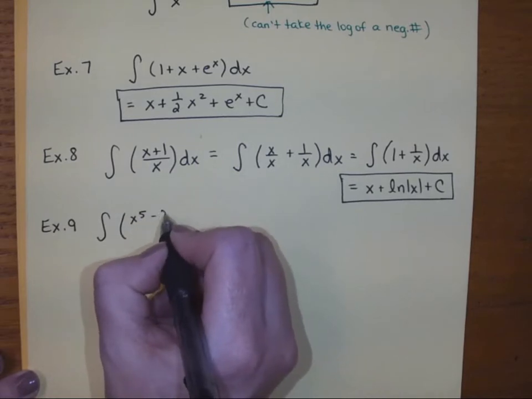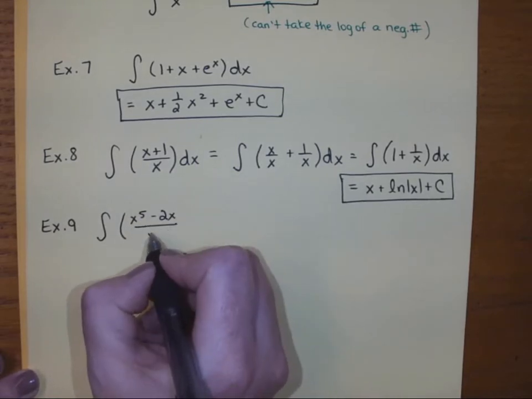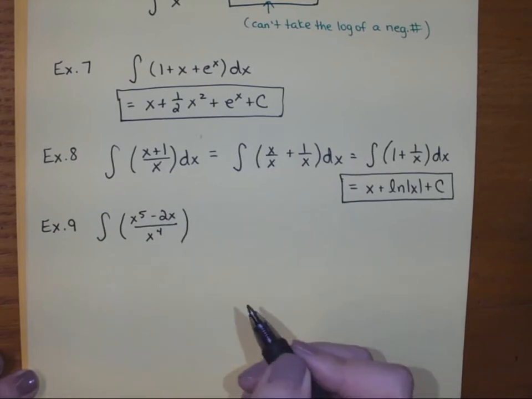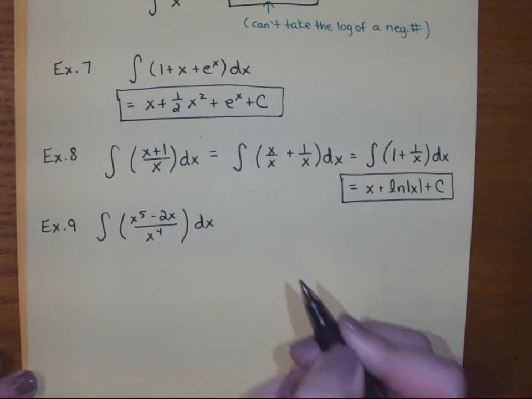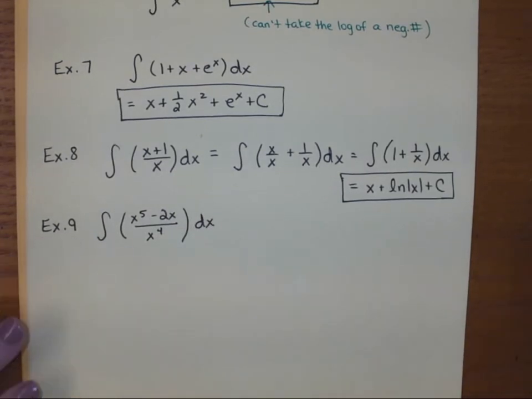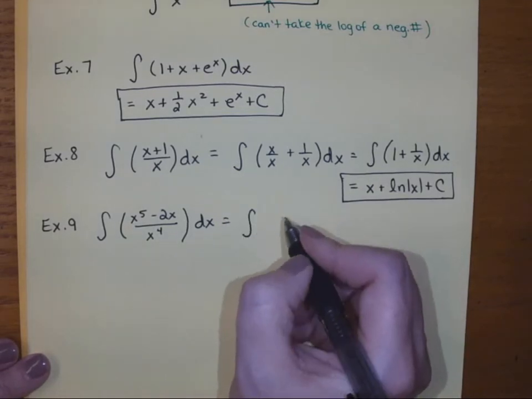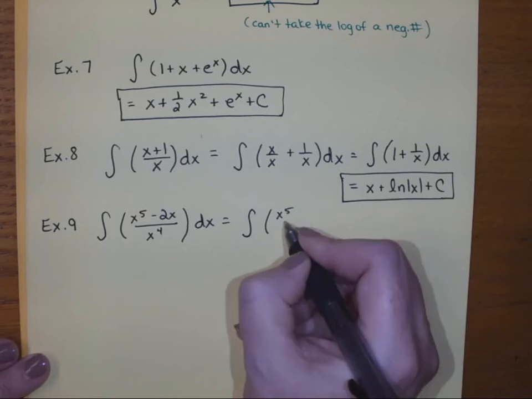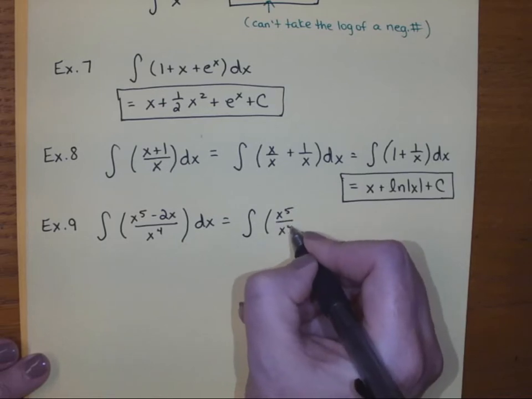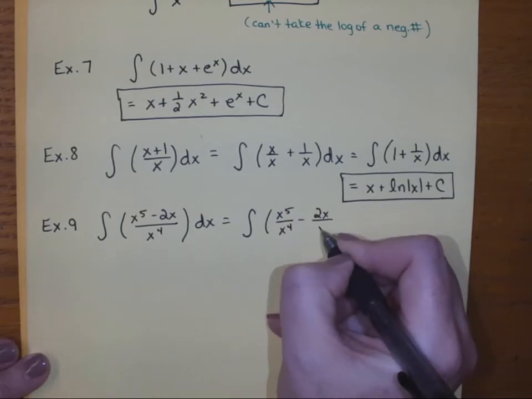So let's try one more, kind of like that, because I think that can be a bit of a challenge. All right, so kind of like the last one, I don't really want to deal with this as a division, so I'm going to split it up and say x to the 5th over the denominator minus 2x over the denominator.